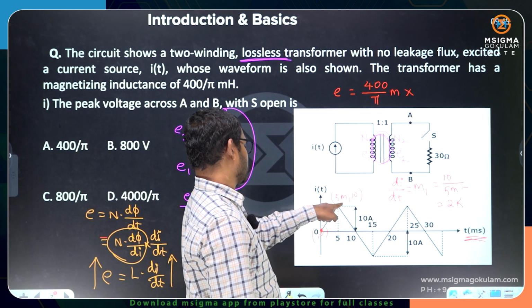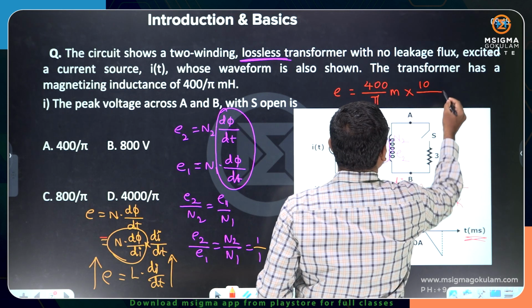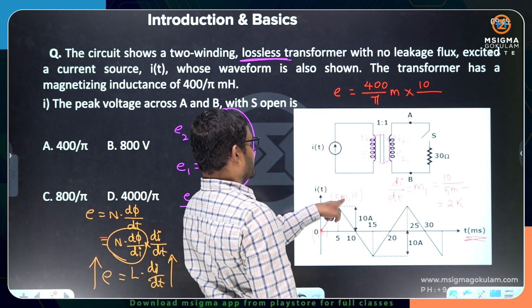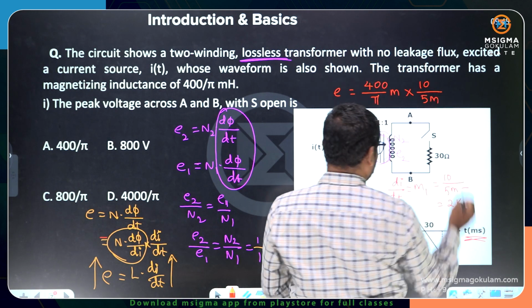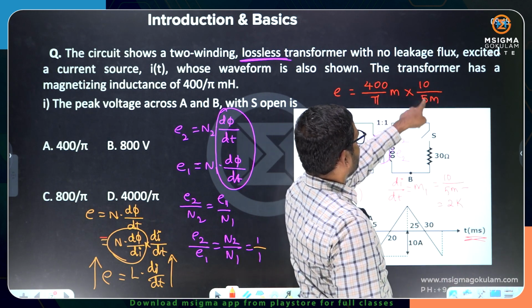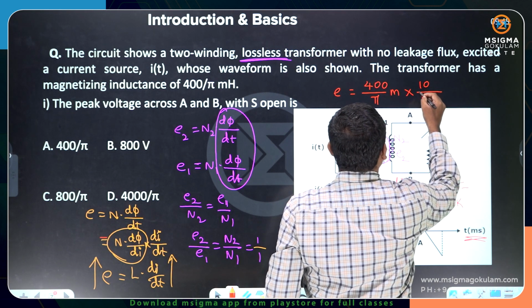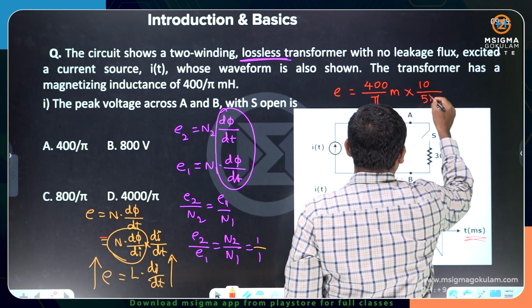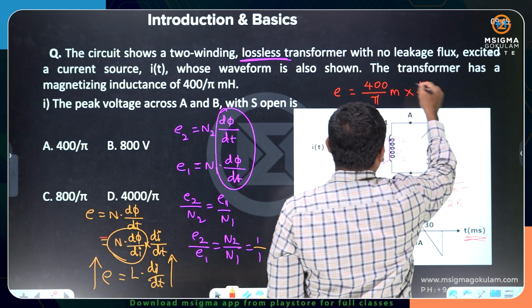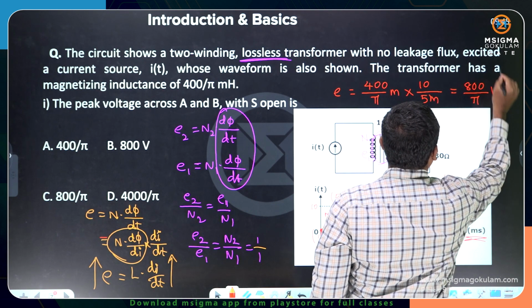I2 is 10 amperes, I1 is 0 amperes. So 10 minus 0 divided by T2 which is 5 milliseconds, T1 is 0 seconds. We already did 2 kilo. 10 by 5, you'll again get 2. If milli goes up, 2 kilo. So kilo and milli get cancelled. Now 4000 by pi, otherwise 5 eighths probably, 800. If you do this calculation, 800 by pi volts.